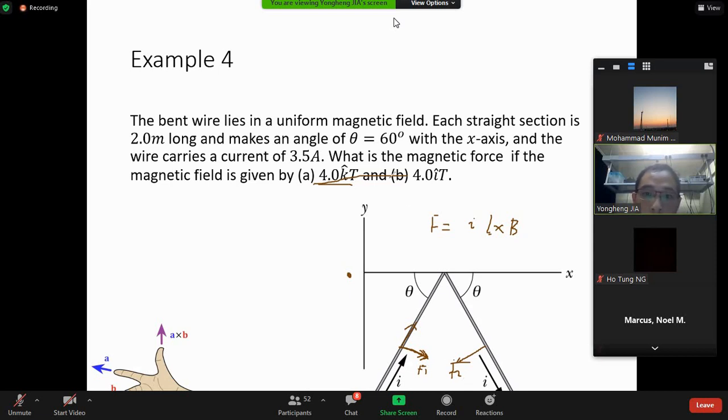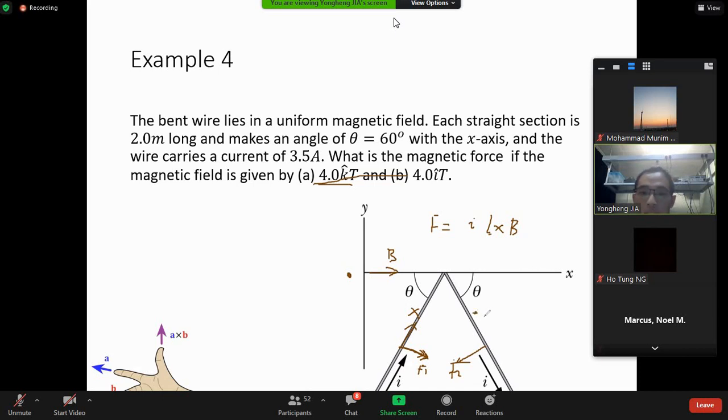Now, if the magnetic field is in the direction of I, the magnetic force for line 1 points into the blackboard, and for line 2 it points out of the blackboard.